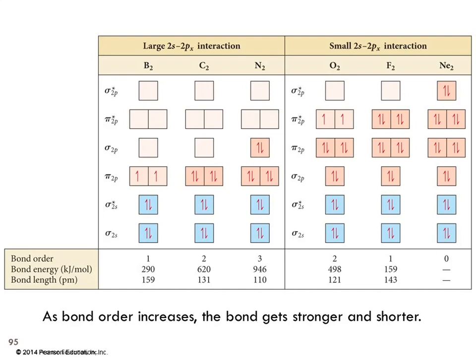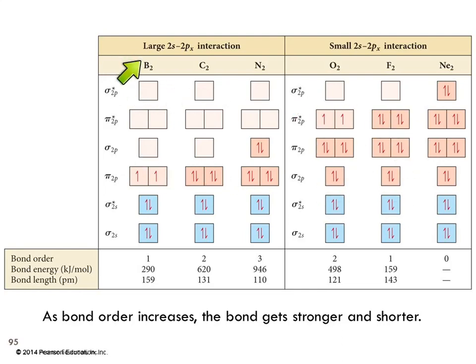As bond order increases, the bond gets stronger and shorter. So here are the molecular orbital diagrams for these 6 different elements. And notice that the ordering of these orbitals is different for boron, carbon, nitrogen than it is for these guys.